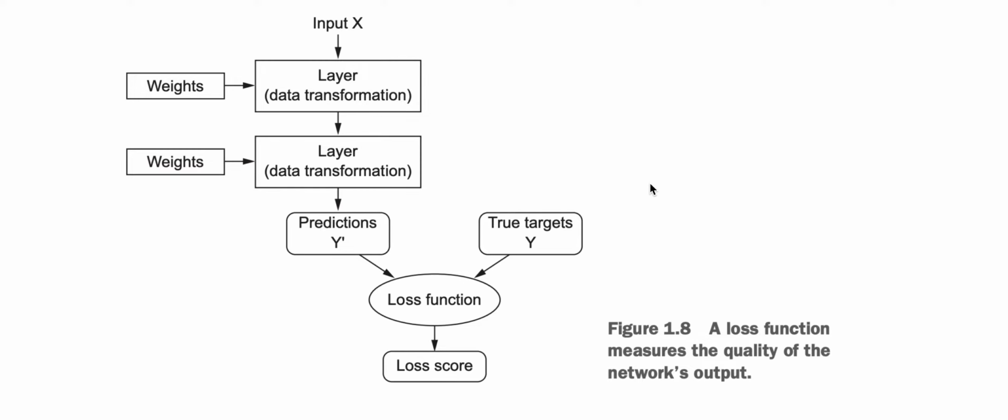Well, in the beginning, the weights are randomly assigned, but in each iteration, as the network goes through the data and compares the predictions with the true target and uses this discrepancy as a signal to adjust the weights, then the network becomes better and better.